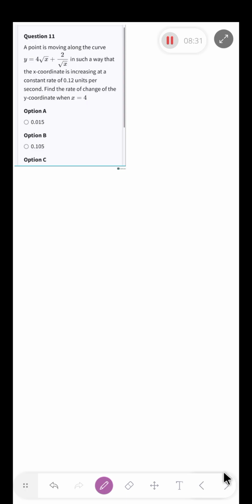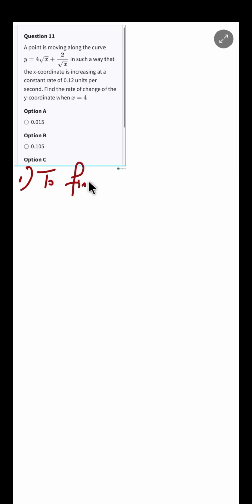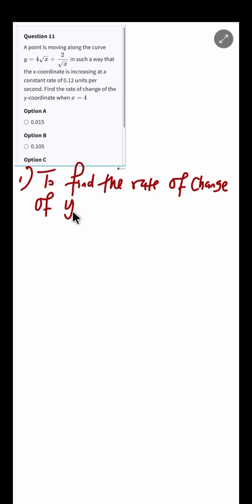And as for this next question, which is question number 11, the first step we need to take in this case is that we need to find the rate of change of y coordinates. We need to find the rate of change of y coordinates with respect to what?